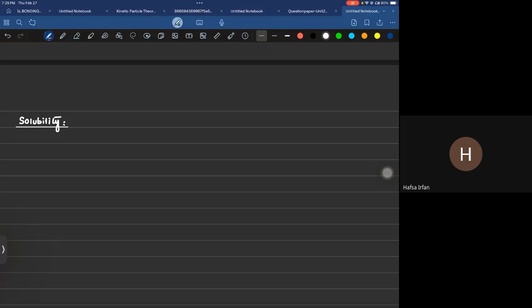What do you think? Are they soluble in water or insoluble in water? Any idea? Is there anything you are thinking, that yes, this should be soluble, this should be insoluble? Hurry up and say. No idea.